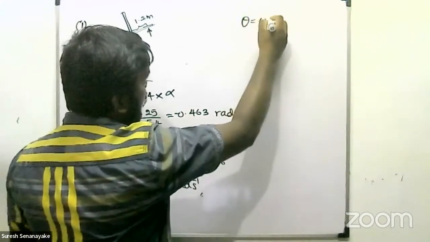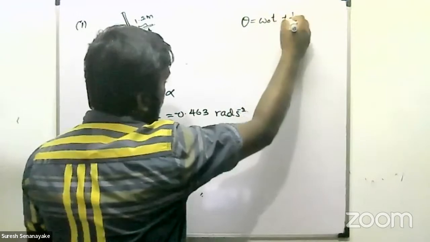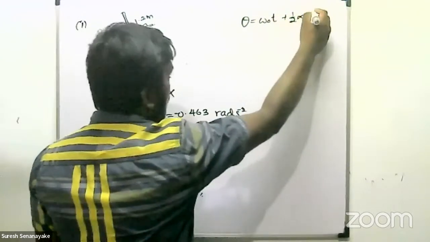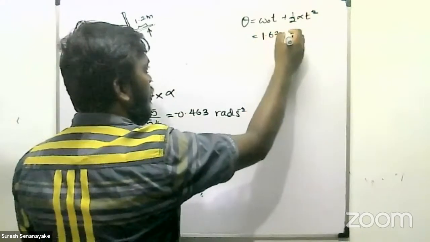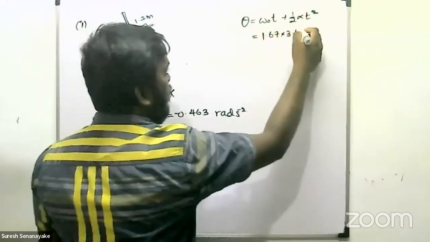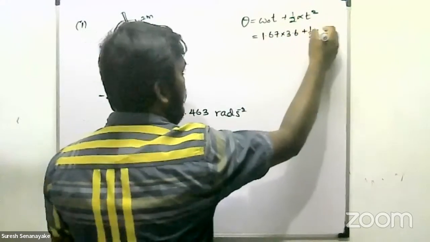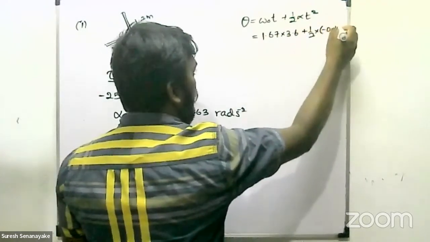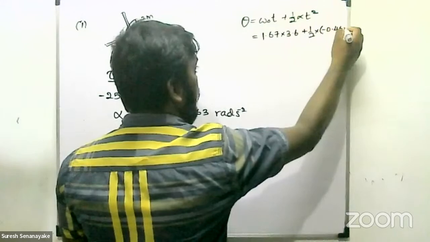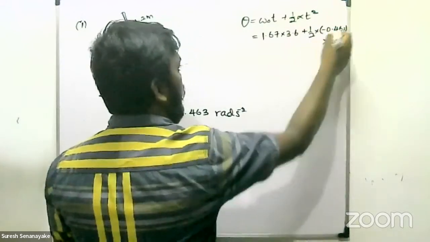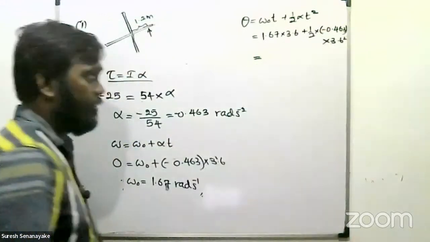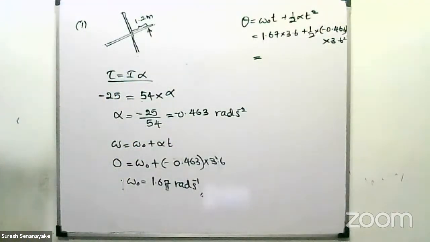That equals omega naught T plus half alpha T squared. This is 1.67 into 3.6 plus half, the alpha is minus 0.463, into 3.6 squared. The negative sign is because of the deceleration. Then you can find this.